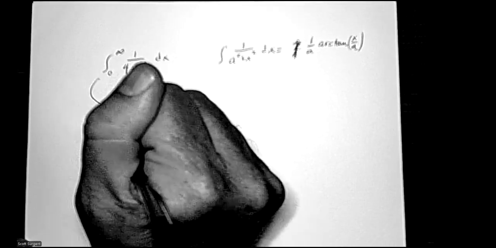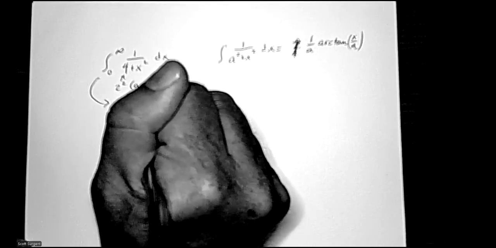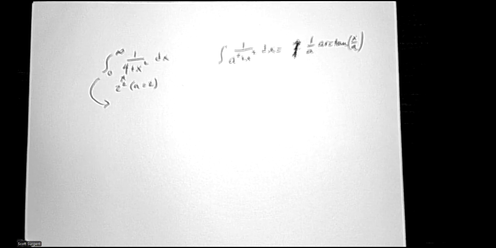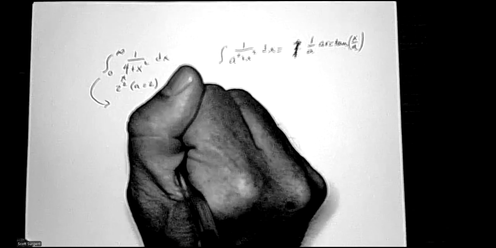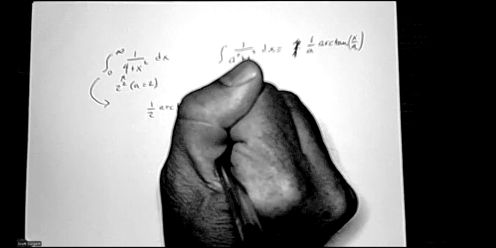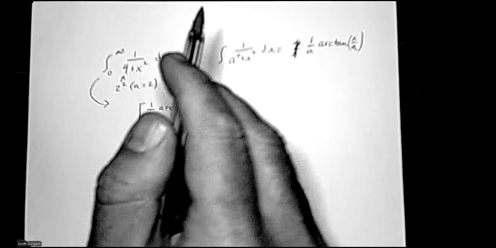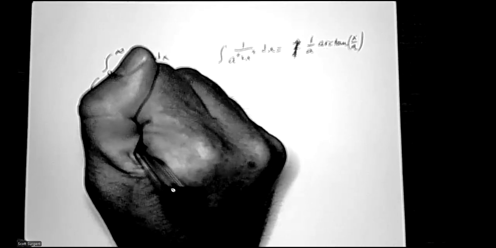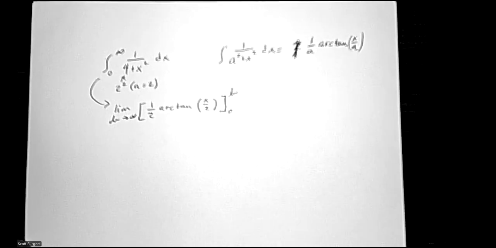In this case, this would be 2 squared, so a is 2. The antiderivative would be 1 half arctan of x over 2. To be super technical, I have to write the upper bound as a limit, so I'll call it b going to infinity. The bottom bound is fine.